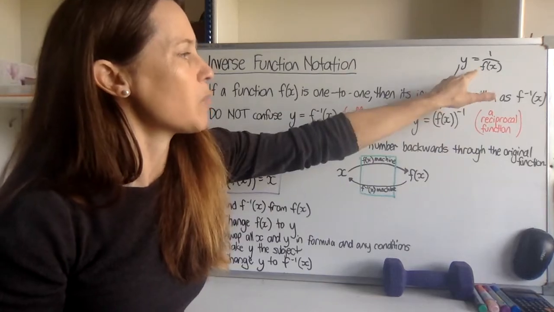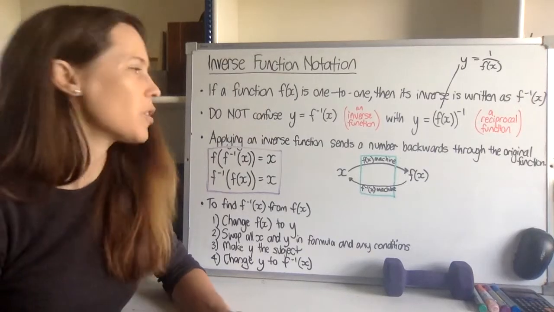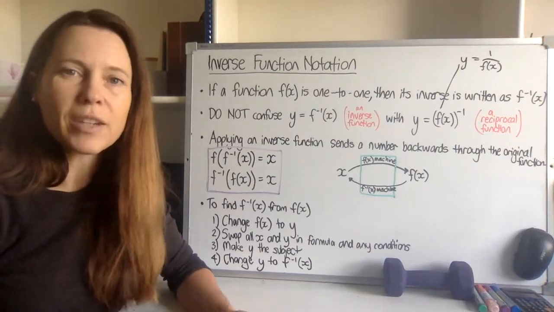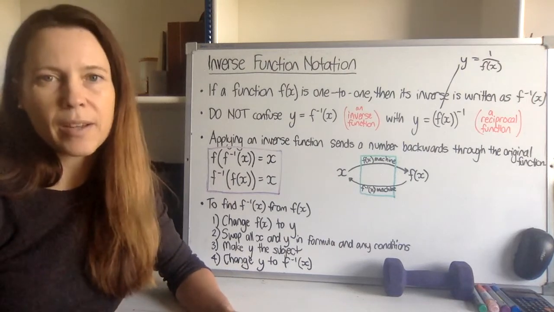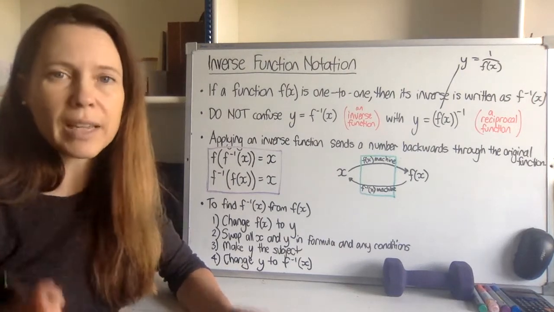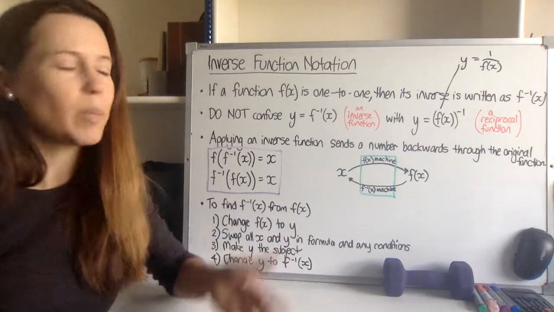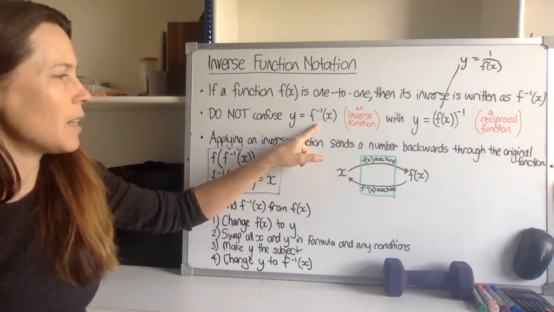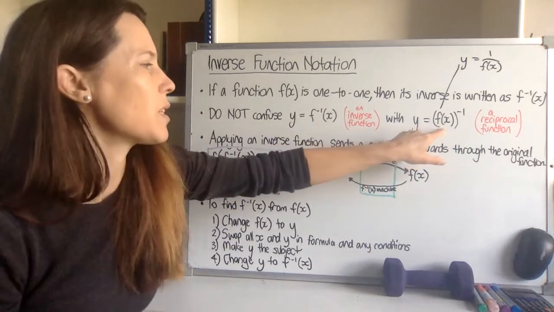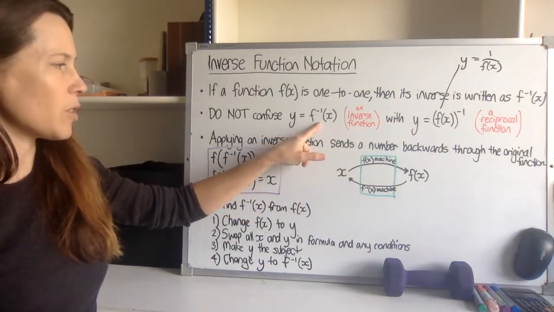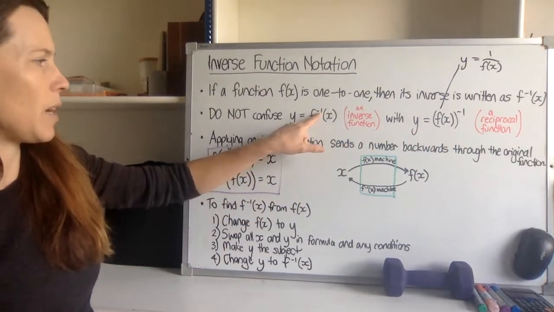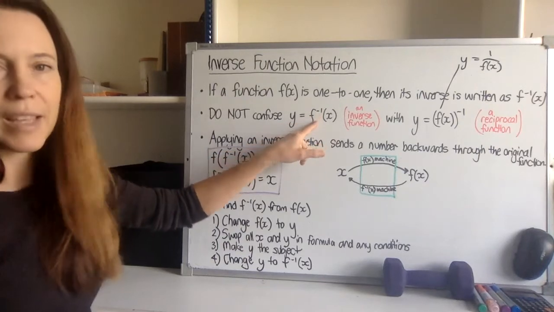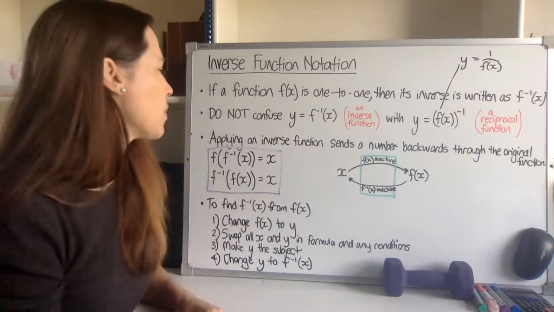Now remember that an inverse function is actually a reflection of your original function around the line y equals x, and that's because all the x's and y's in the formula swap places. So this new notation that we're learning today, we need to be really careful not to mix with the reciprocal. This one is the inverse function, and it has its little power of -1 in between the f and the x, so that's something a bit new.